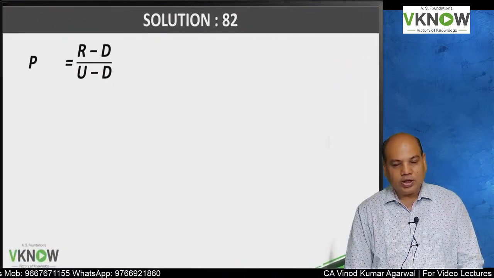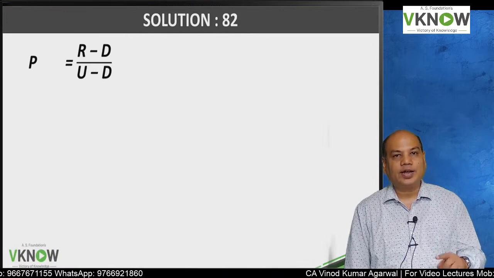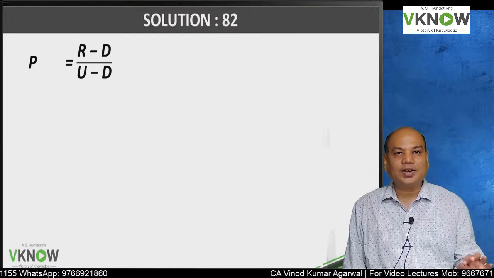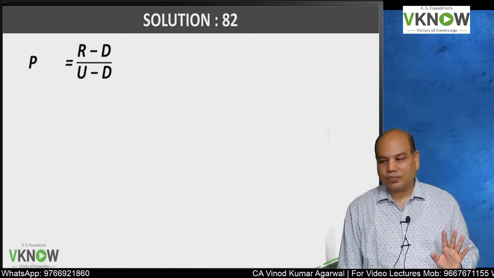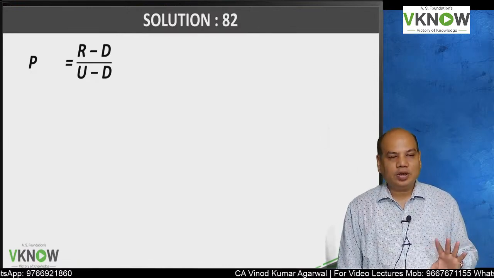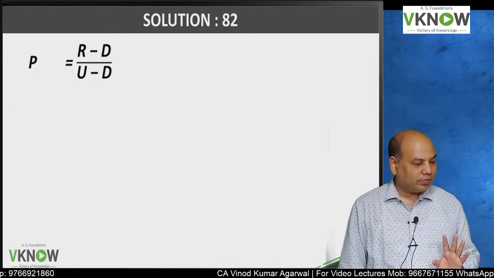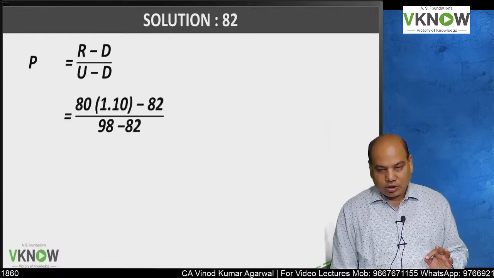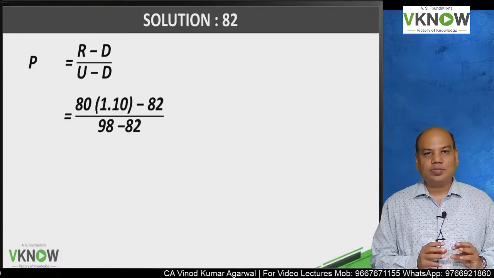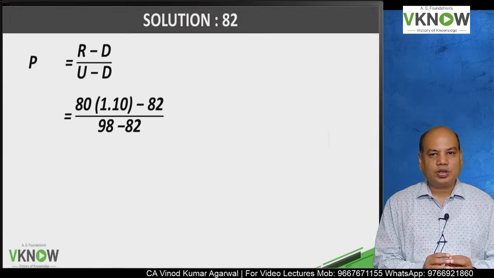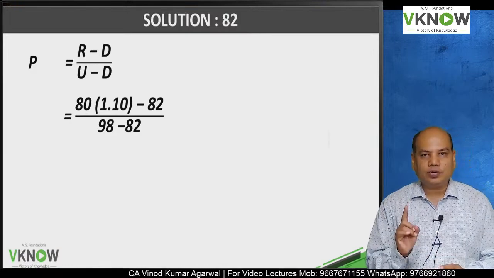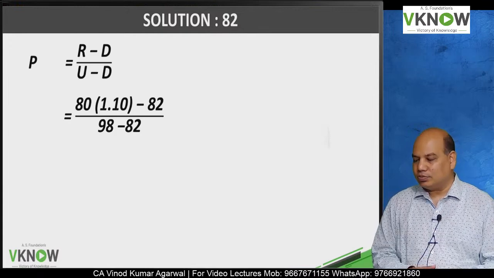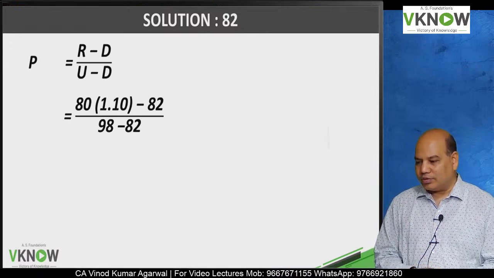Write down probability equal to probability of rise. P here stands for the probability of rise in the price. P equals R minus D upon U minus D. What is R here? R here means 80 rupees today, if invested for 1 year at 10%, what will be its value? 80 into 1.10.